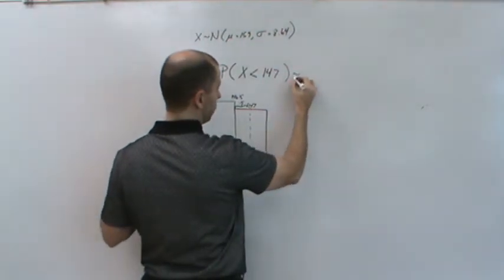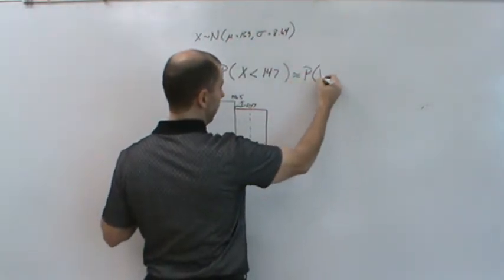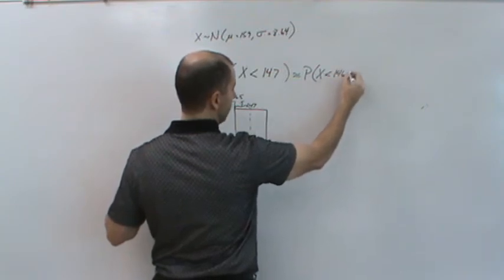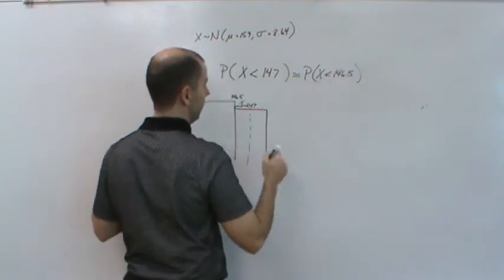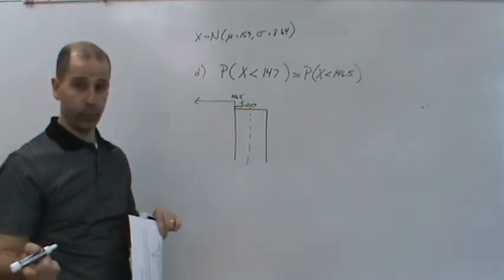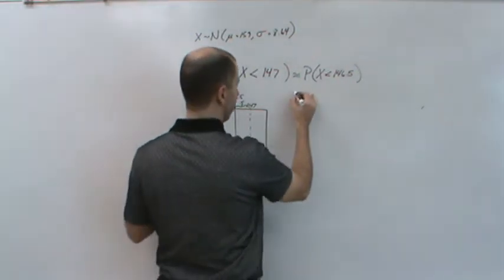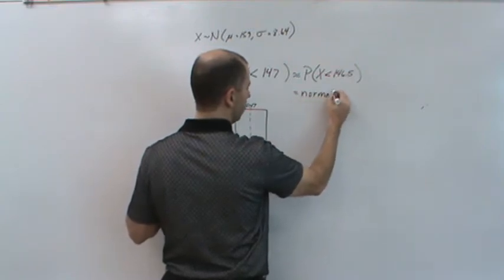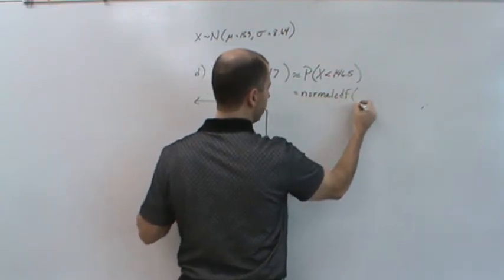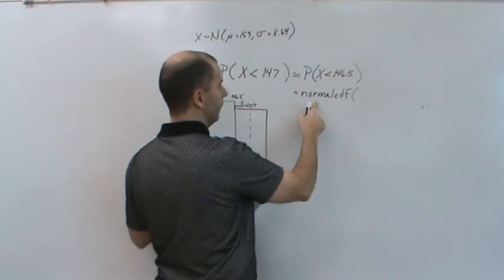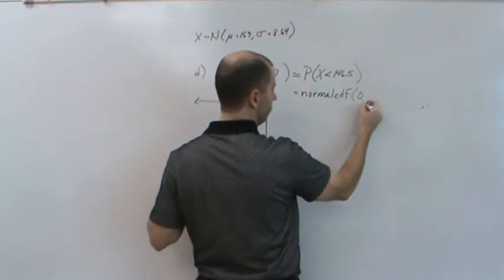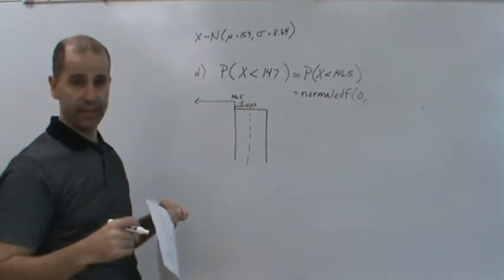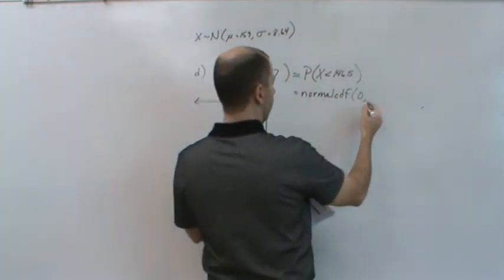So now what we're going to use is 146.5. The probability is approximately x less than 146.5, and we're going to use the normal approximation. So again, this is equal to normal CDF. Now the lower bound is 0, because we can't have less than 0 people who favor.